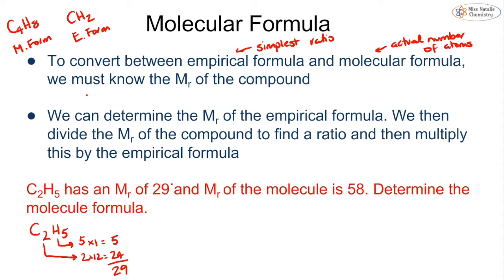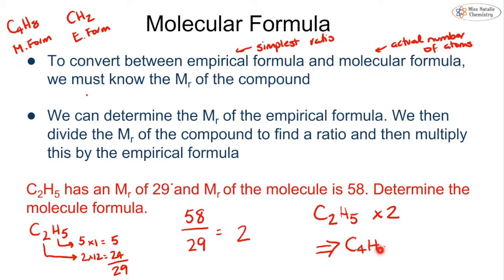Add those together and that's 29. We're told that the MR of the molecule is 58. So we do a division, we do 58 divided by 29, and that gives us a value of 2. And that means we then multiply our empirical formula of C2H5 times 2 to give us a molecular formula of C4H10.